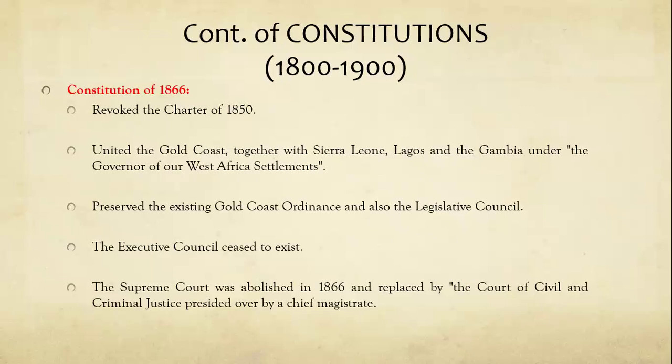It preserved the existing Gold Coast Ordinance and also the Legislative Council. That is all the laws which have been made by the old Legislative Council, and then the various ordinances made were to be retained. The Executive Council ceased to exist, and the Supreme Court was abolished in 1866 and replaced by the Court of Civil and Criminal Justice, presided over by a chief magistrate.